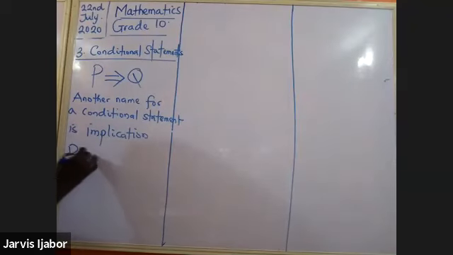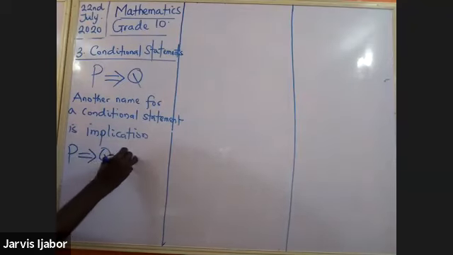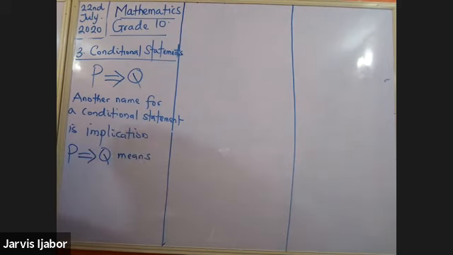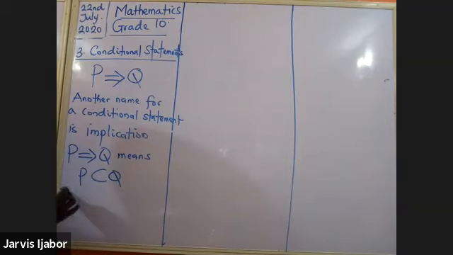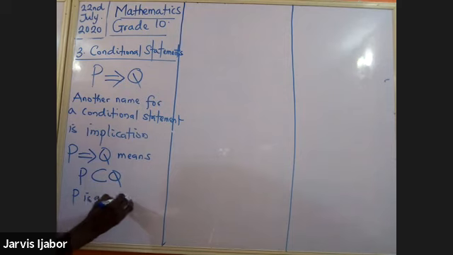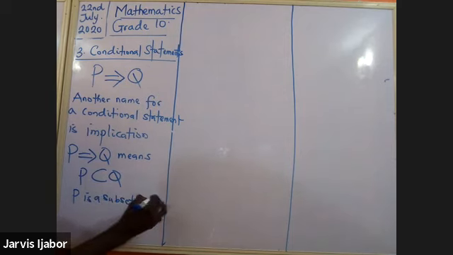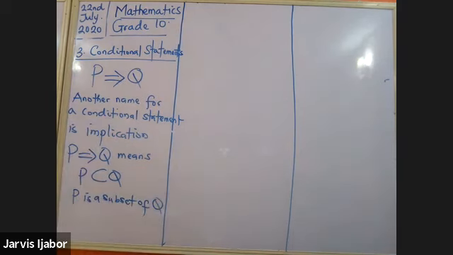P implies Q means that P is contained in Q, or rather, P is a subset of Q. Let's get that understanding right.